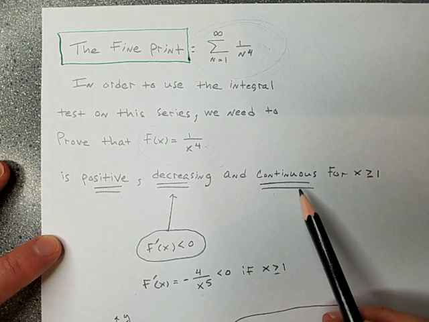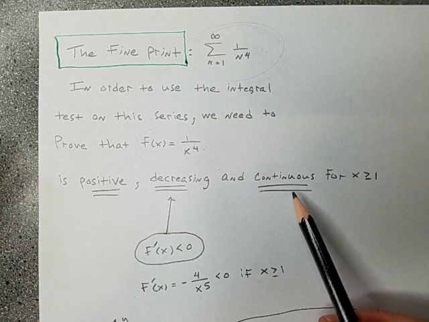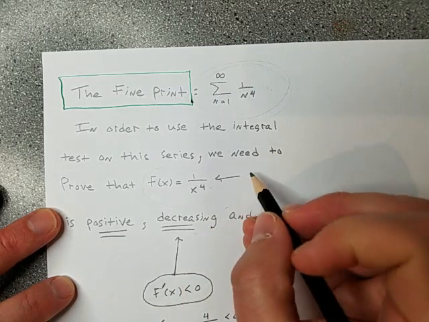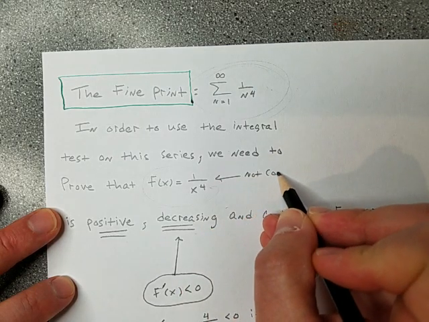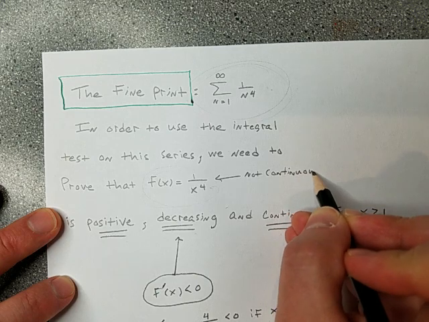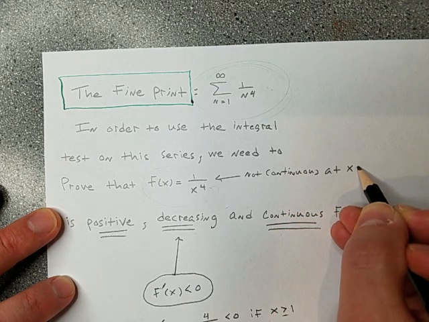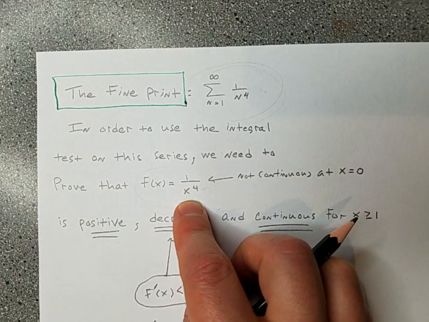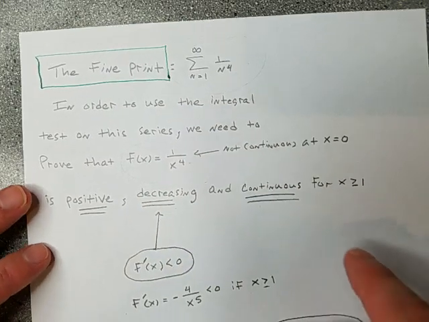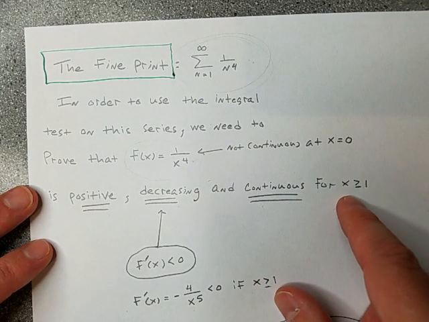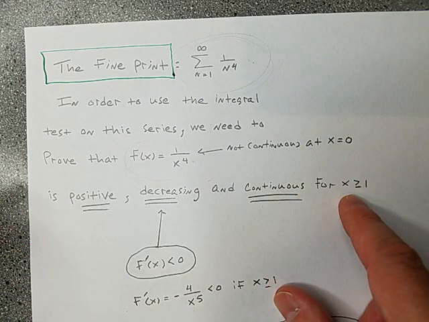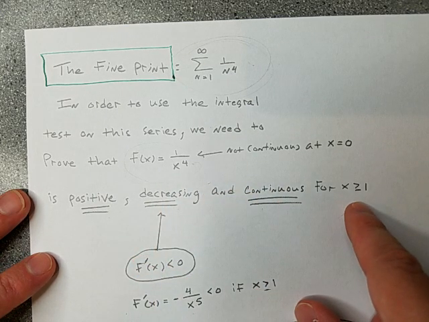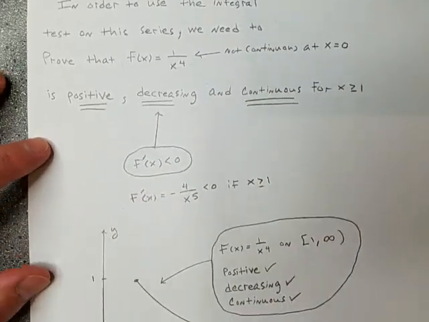And continuous, well, you can spot discontinuities in a function. Like this function here is actually not continuous at 0, all right, because 0 is not in the domain. It has a vertical asymptote at 0, but we can see that it's continuous if x is greater than or equal to 1, all right? You're not going to have any problems there with continuity for x greater than or equal to 1. So yes, you would have to establish those three things.